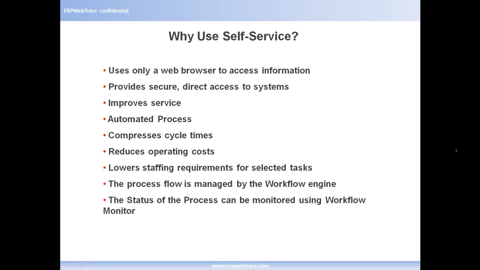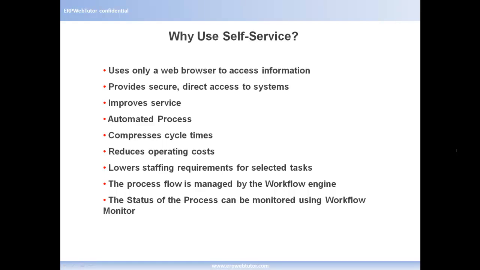Now, it's an automated process. Why do you think it is automated? Let's say an employee gets married. If there is no self-service, he is going to go to the human resource department and file some paperwork to update his information in the system.